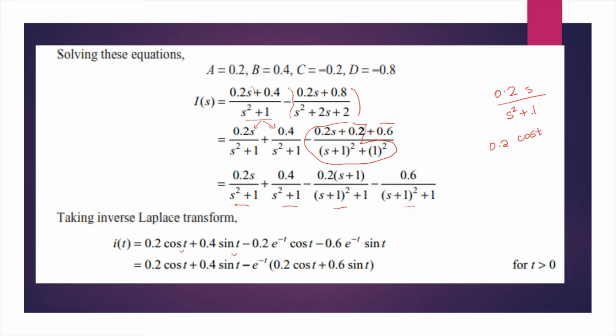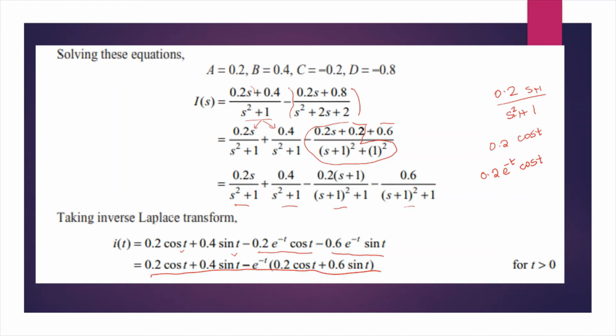If you consider the shifting term, that is plus 1 over here, then it becomes 0.2 into e raised to minus t cos t. That is how we got this term. Similarly, we can do it for the sin t term as well. So this is our final answer considering t greater than 0.